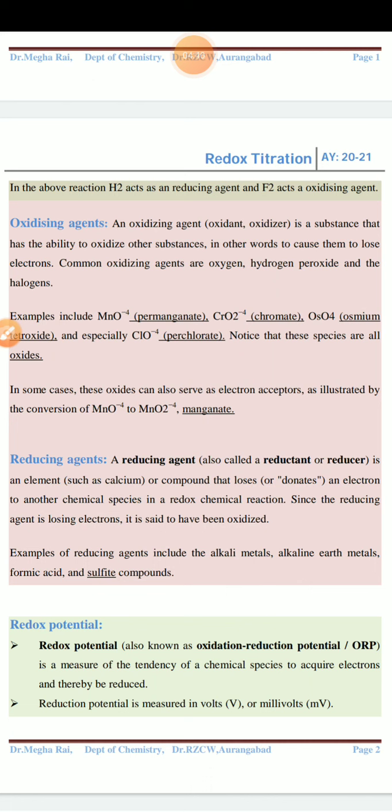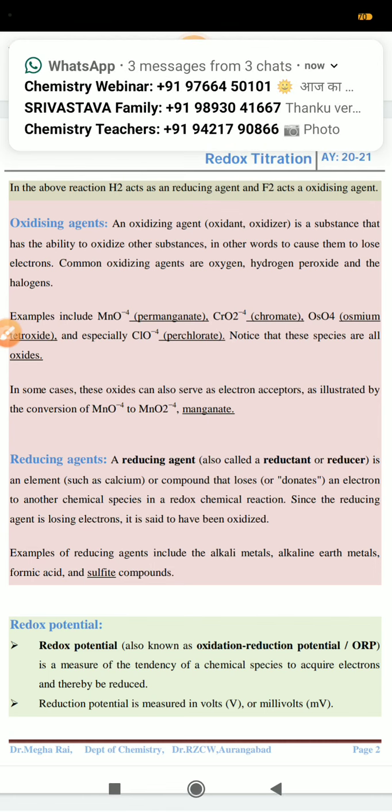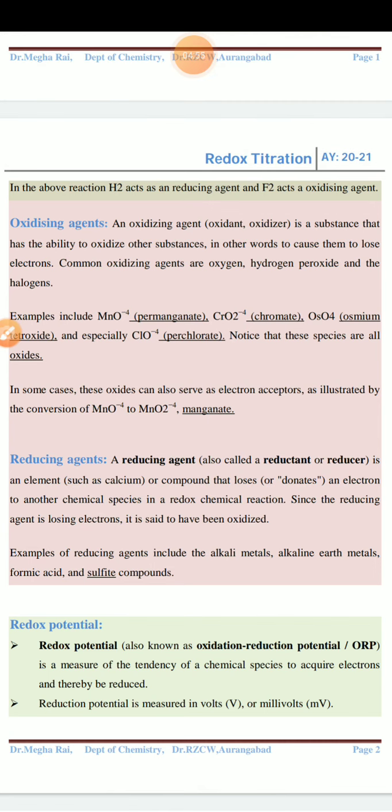Common oxidizing agents are oxygen, hydrogen peroxide, halogens, permanganate, chromate, osmium tetroxide, and perchlorate. In this way, a large number of oxidizing agents are there.